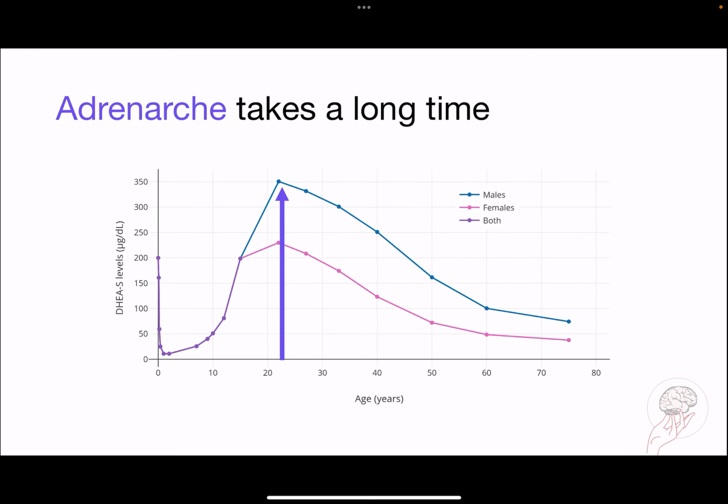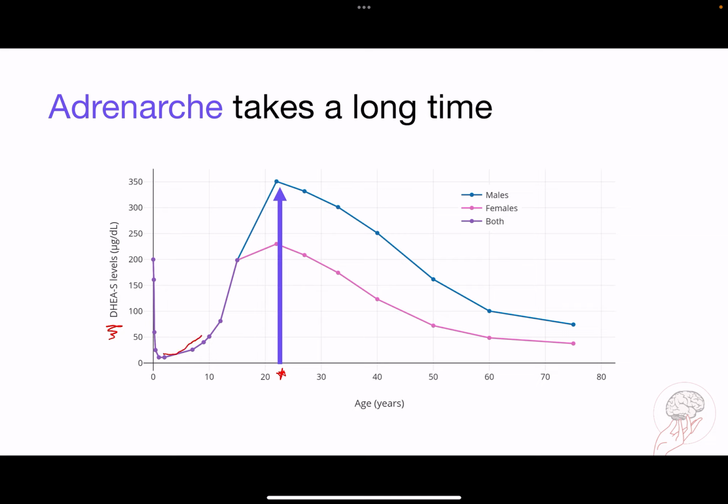So adrenarche takes a long time. You'll see that if we just plot the levels of DHEAS, which is the sulfate version, we see that it actually peaks after 20 years of age. But we see very, very rapid development around the age that we would generally consider puberty, which is this purplish line.